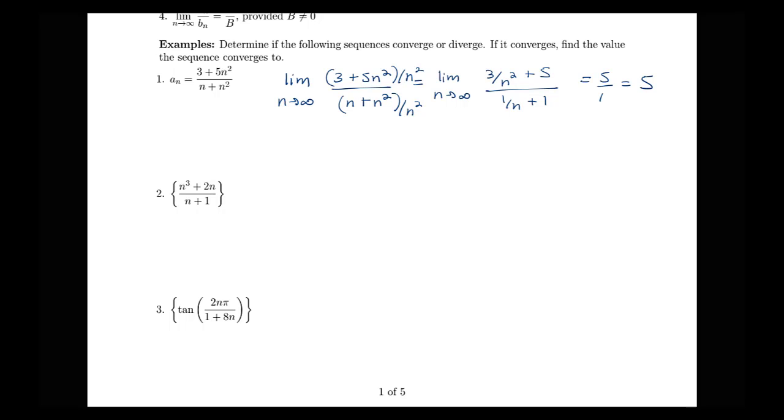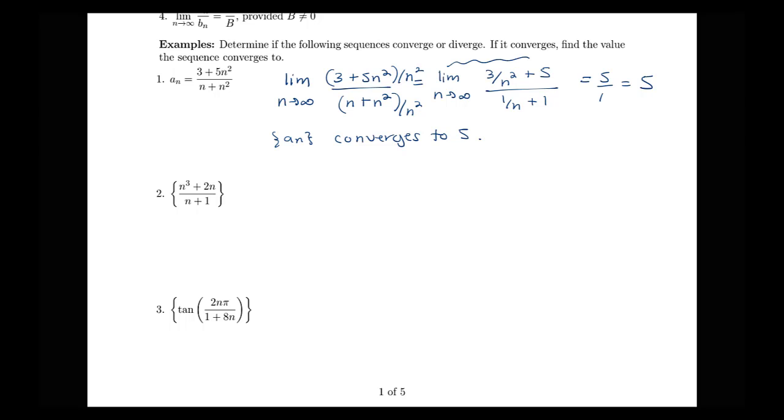So I would say that this sequence of an here converges to 5. And in fact, we actually have a general rule that whenever I'm going to have a limit as I approach infinity, in this case the limit as n goes to infinity, if the highest power of n is the same in the numerator and denominator, then my limit will just be equal to the ratio of the coefficients of those highest order terms if they're of the same degree in the numerator and denominator.